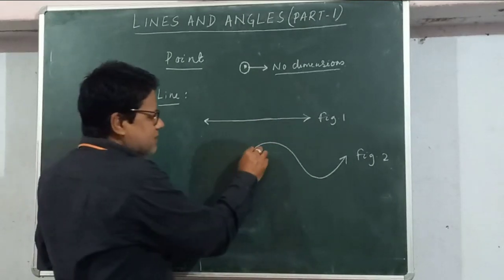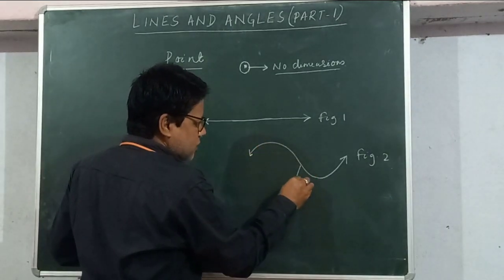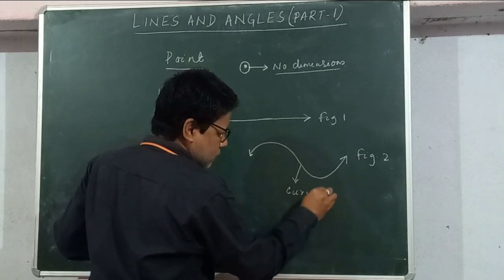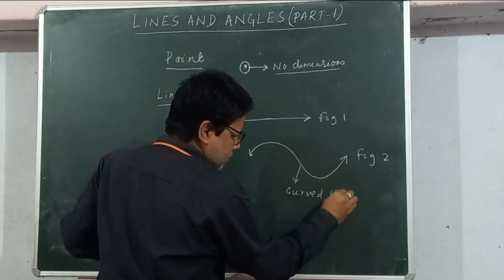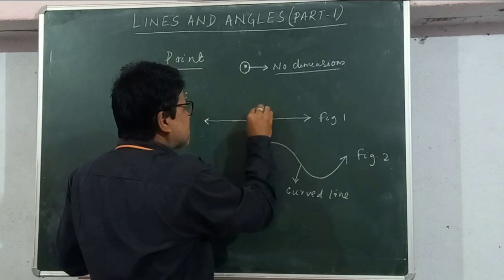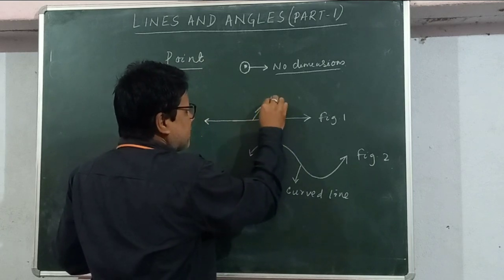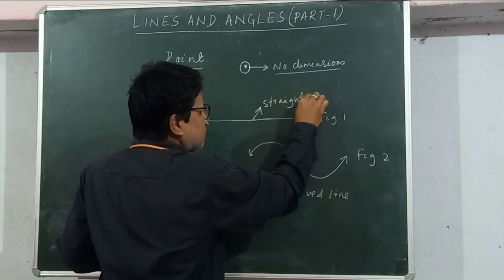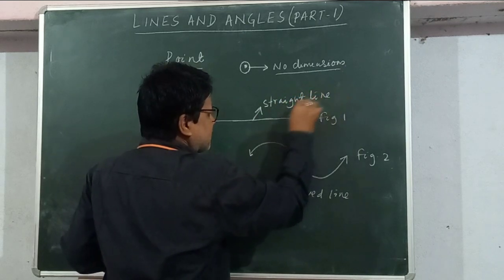So, if the path is curved, it is called a curved line. If the path is straight, it is called a straight line. Normally in this chapter, we read about a straight line.